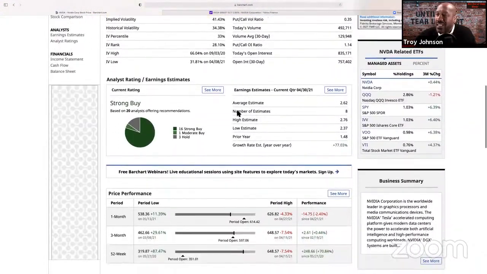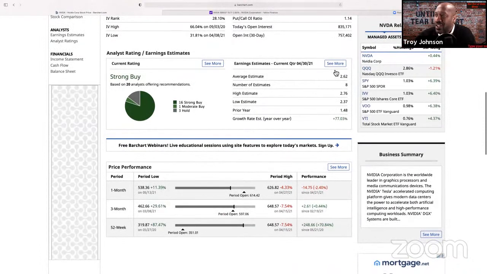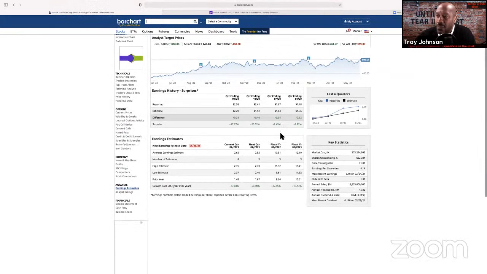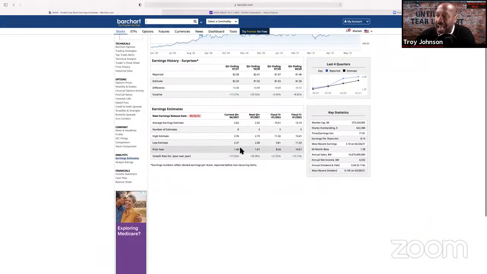So let's look at some more interesting facts here. I just clicked to show more information so that I can look at the growth rate of Nvidia further out in the future. Over the next quarter, Nvidia is projected to grow 50%. What does that say?